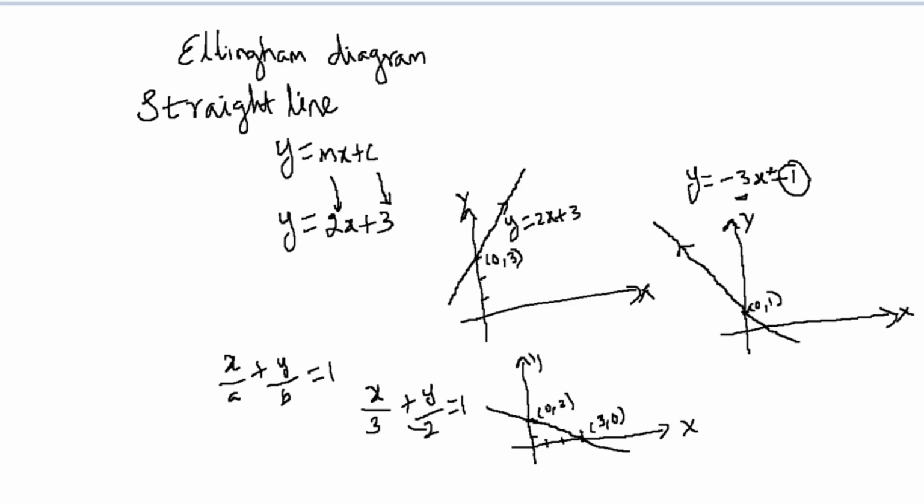So this is the line x by 3 plus y by 2 equals 1. When the straight line is given in the form x by a plus y by b equals 1, we can draw it like this. But here we should know how to draw a straight line when it is given in the form y equals mx plus c. So this concept we should know first.